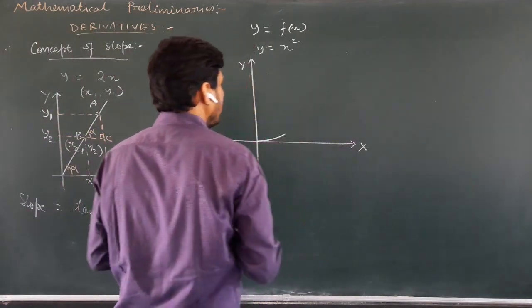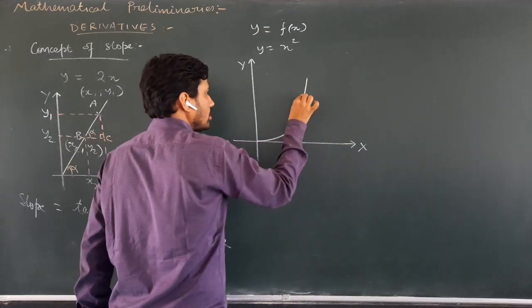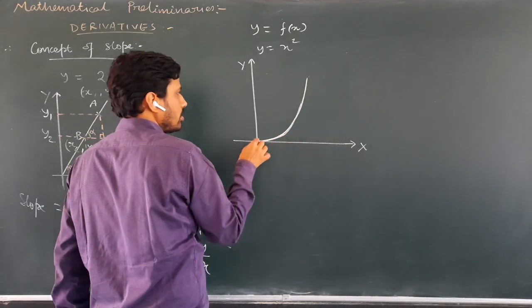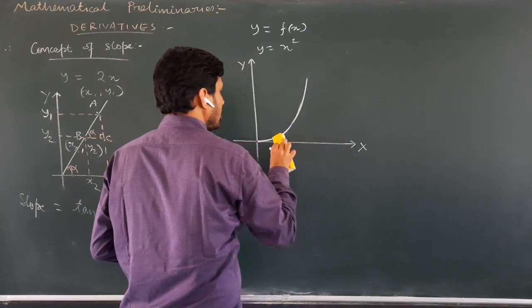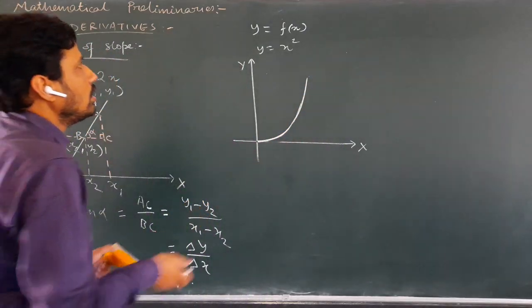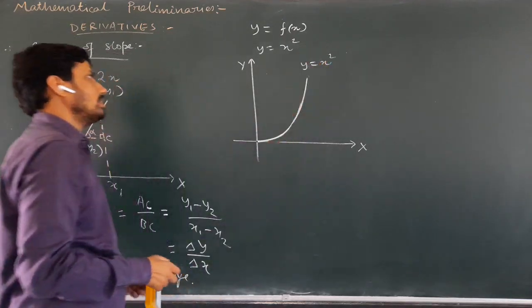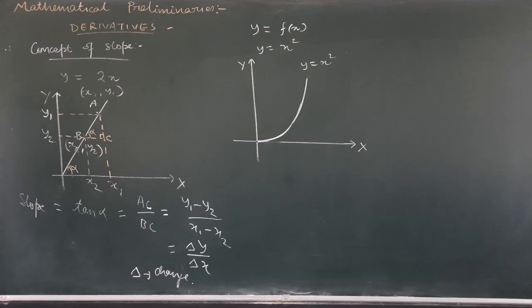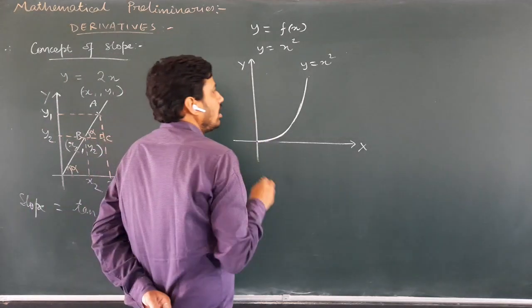This curve we call as parabola. So this is the curve of y is equal to x square. Only a part of it, it will extend this side also.